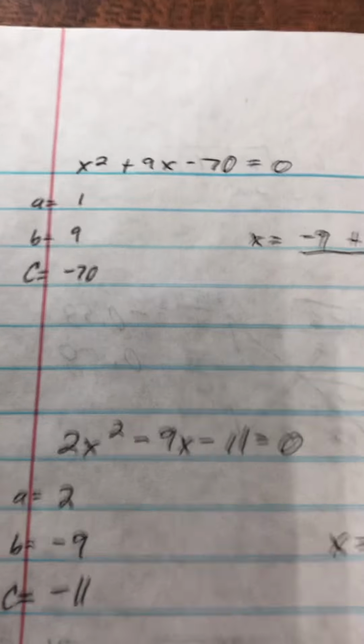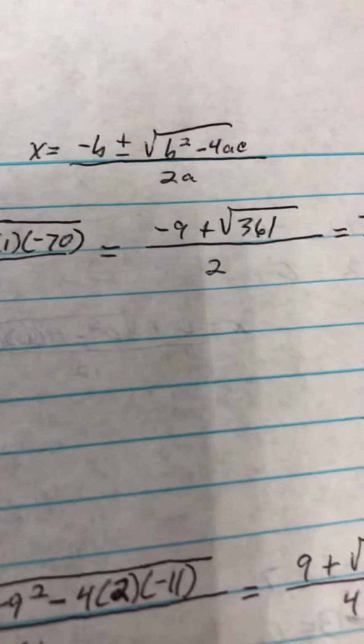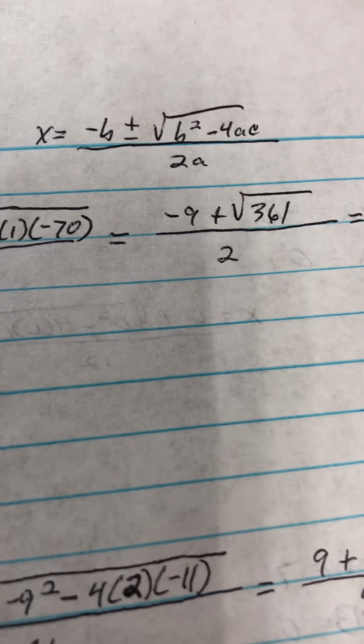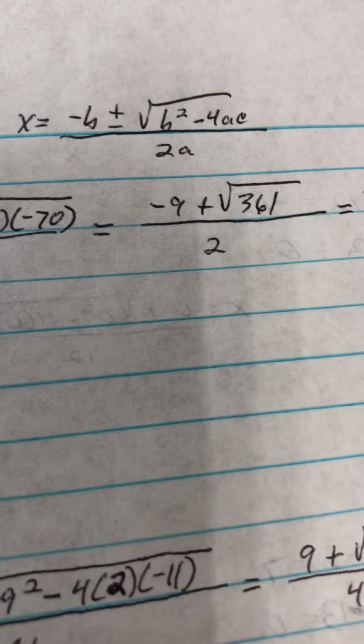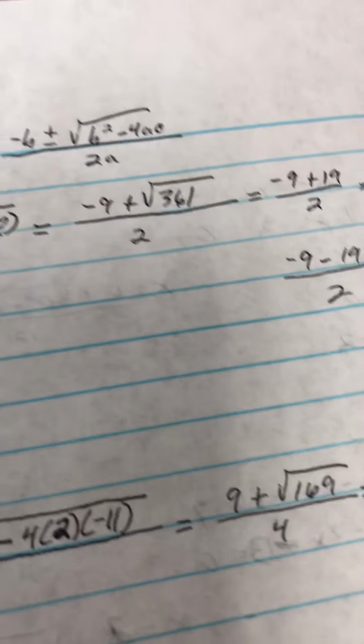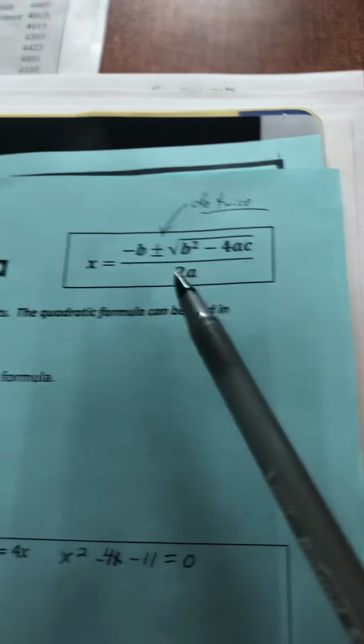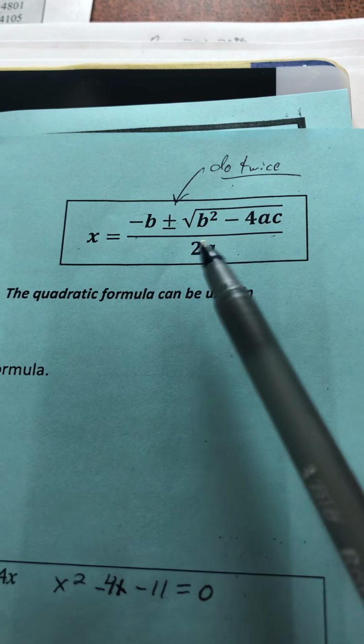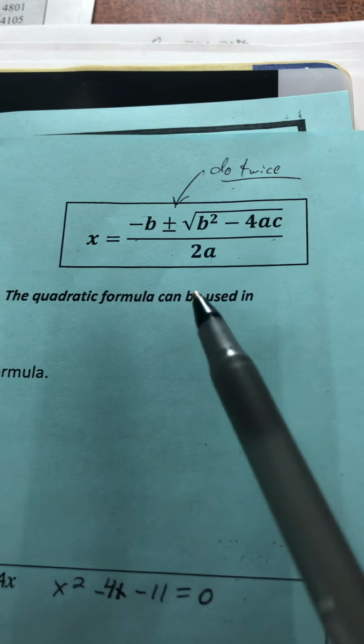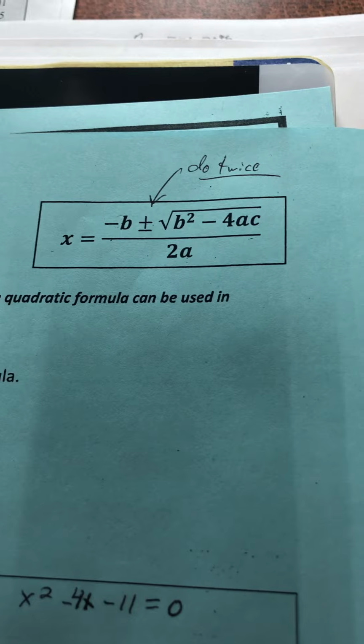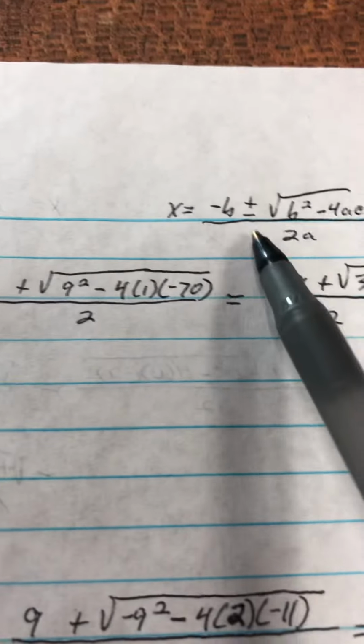But anyways, without further ado, we're looking at our notes from yesterday. This formula right here, the quadratic formula from yesterday. We have to figure out what our A's, B's, and C's are in each problem. I wrote that formula once again up here.